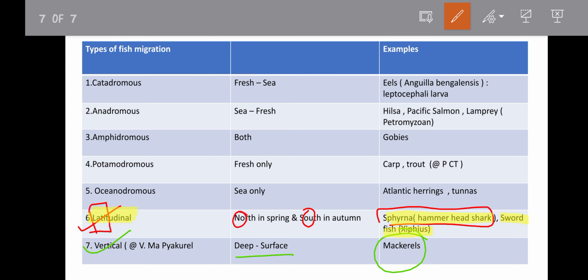An example is mackerels. You can remember it as vertical B, and mackerel rhymes with the name pectoral, so it's easy to remember the name.